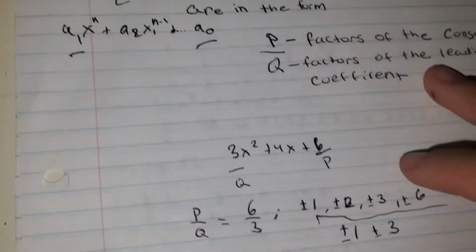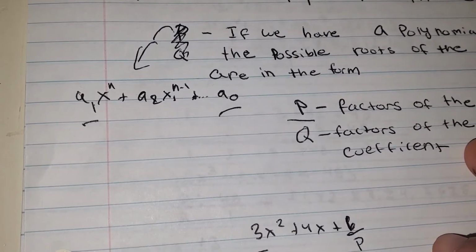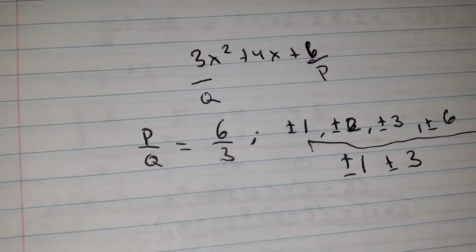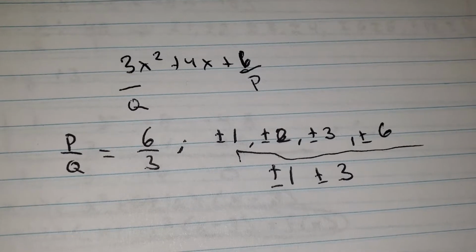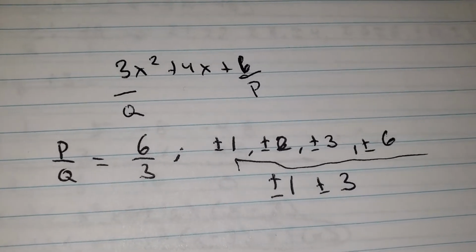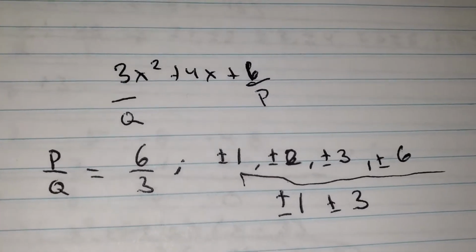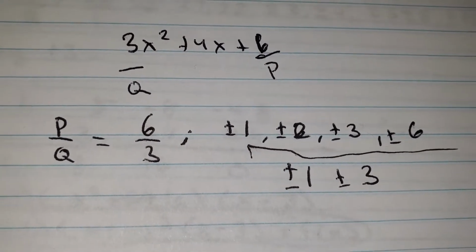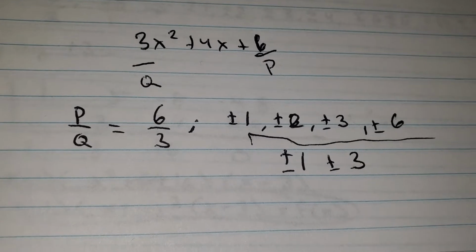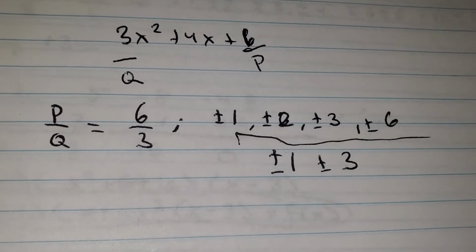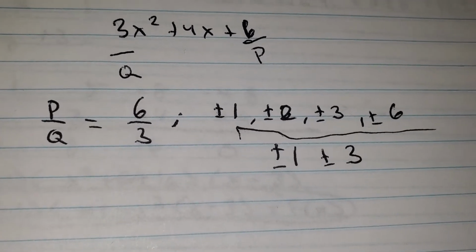So what that means is, say we have a polynomial 3x squared plus 4x plus 6, and we take our p over q. We wouldn't simplify it down, but we want to find all possible roots. So we list out every possible factor.